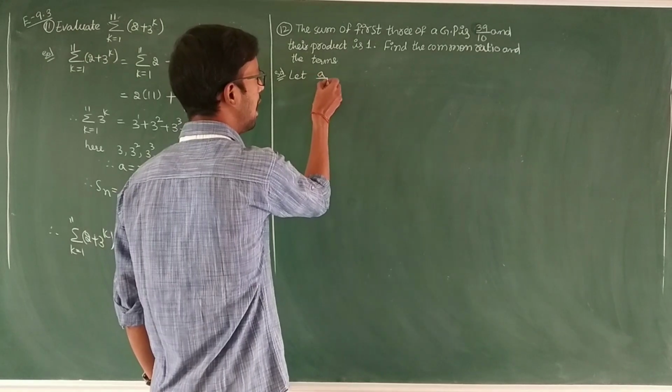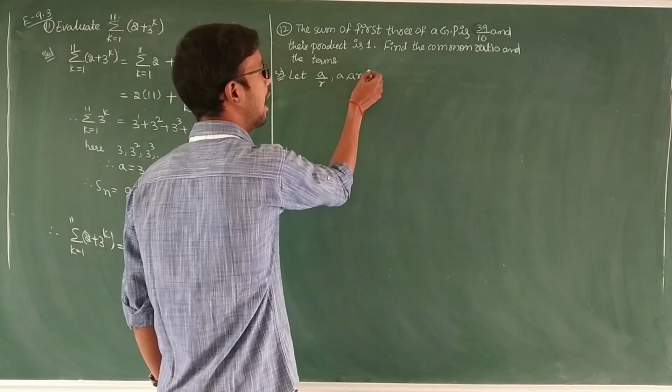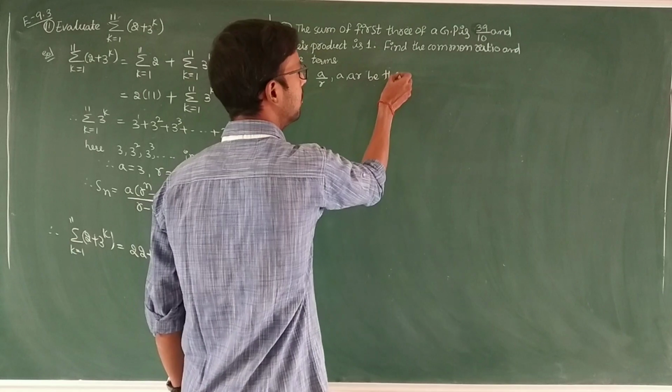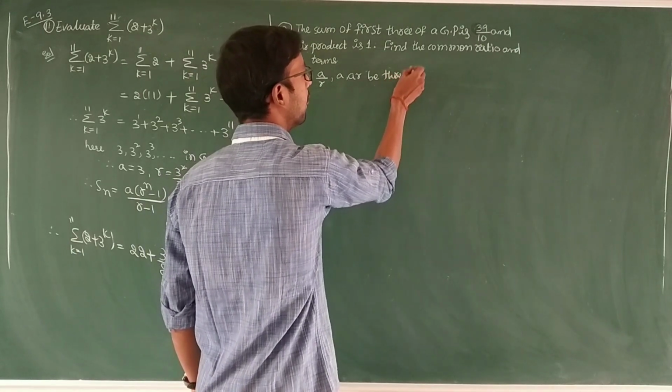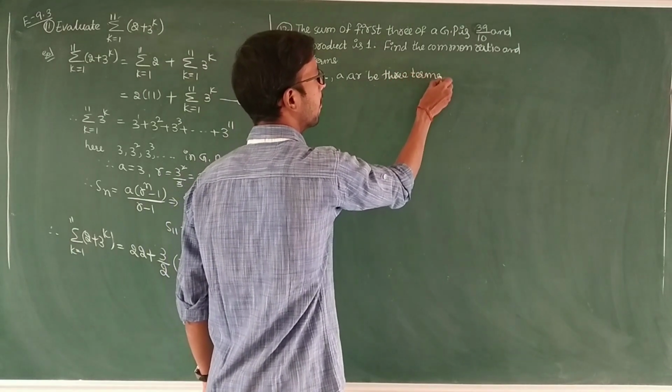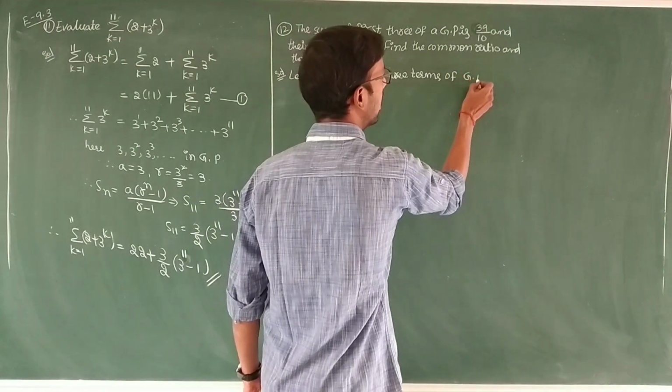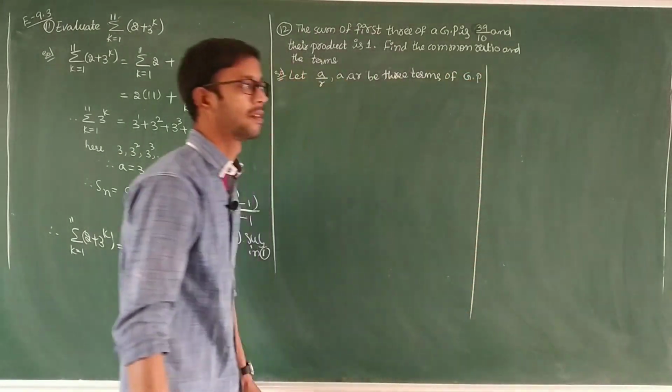Let a by r, a, ar be the 3 terms of the geometric progression.